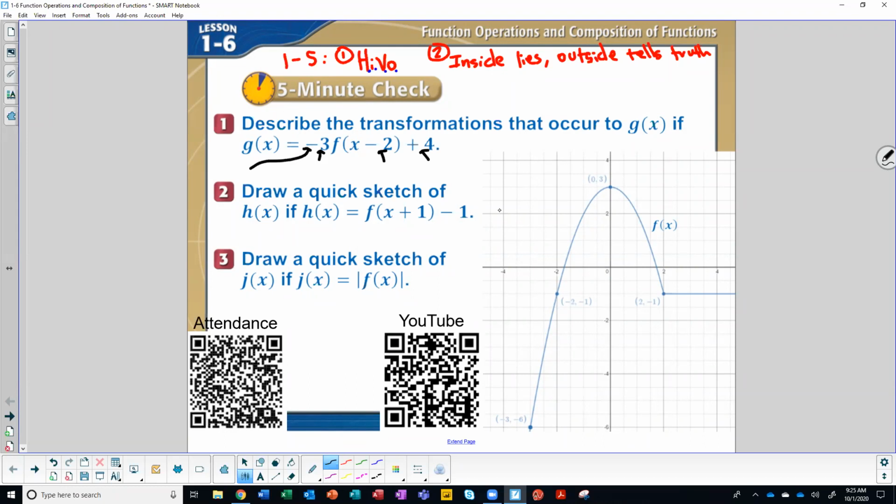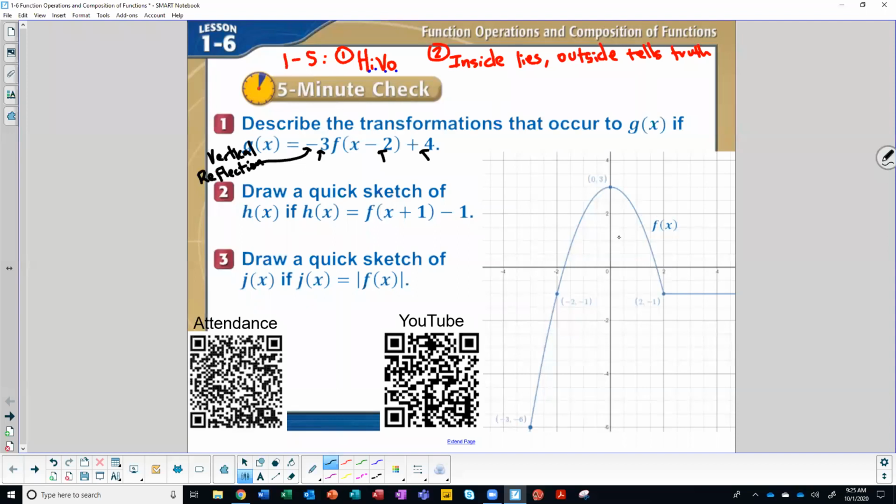It's outside, very good. And so according to rule number one, outside is with the V, and that means it's vertical. So this is a vertical something. Vertical, again, means up and down. So this is a vertical, and what we learned in the videos, a negative makes a reflection. This is a vertical reflection.